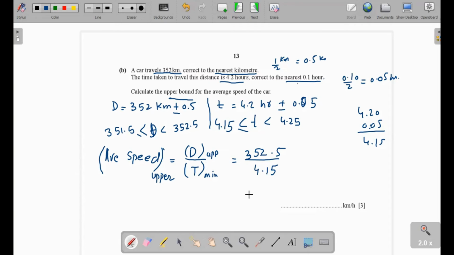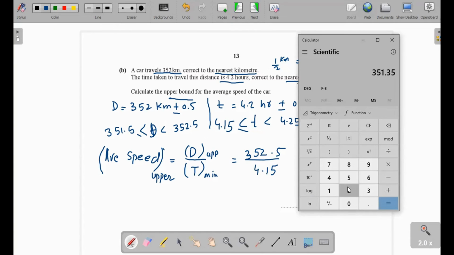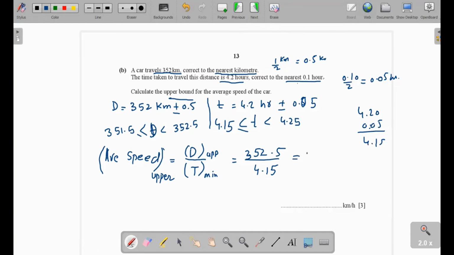Now we calculate: 352.5 divided by 4.15 is 84.9 kilometers per hour.